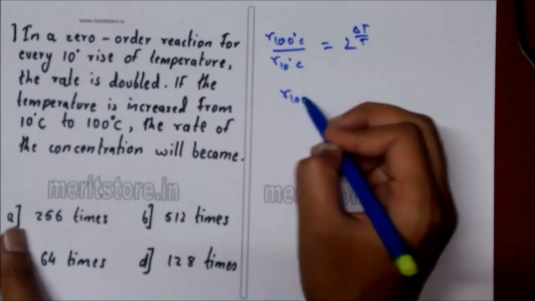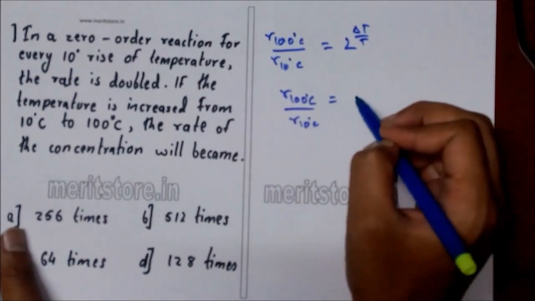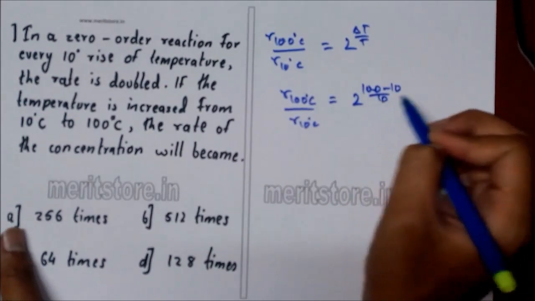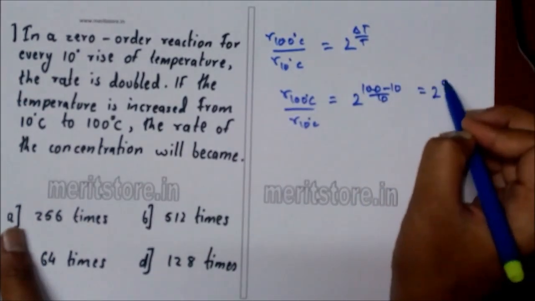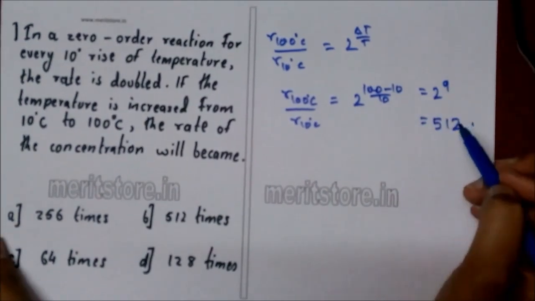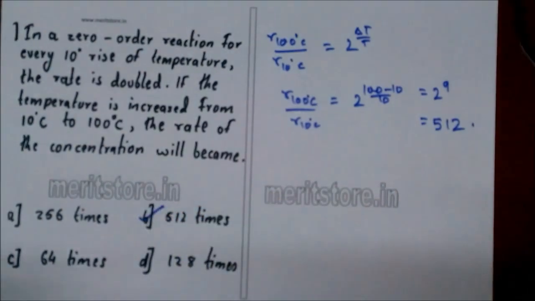So R100 upon R10 is equal to 2 raised to (100 minus 10) upon 10, which is equal to 2^9. On solving this, we get 512 times. So the rate of the reaction will become 512 times. Option B is the correct option.